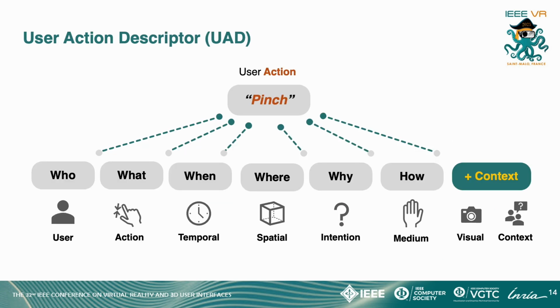The UAD format always starts from a user's action. The rest of the information revolves around this action. We follow the Kipling method, or 5W1H method. We also store the contextual interaction data, such as the referent the users interacted with, the historical actions, and the scene captures.